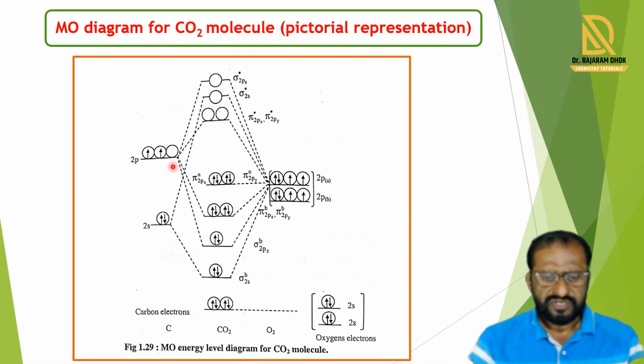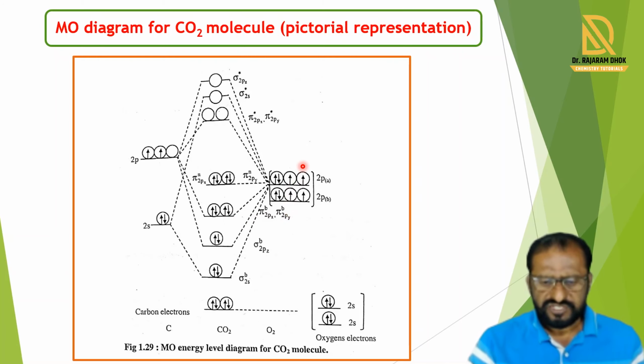Now the third atomic orbital of carbon, that is 2pz, combines with oxygen's 2pz atomic orbital and forms one bonding pi 2pz molecular orbital. In this way, we get two pi bonds, one from the py and the other from the pz.